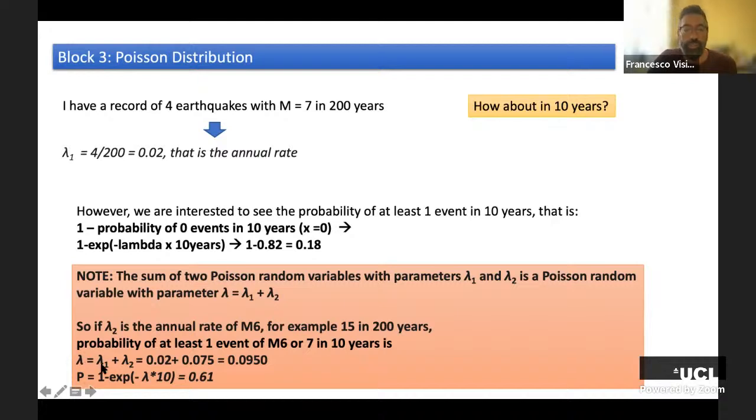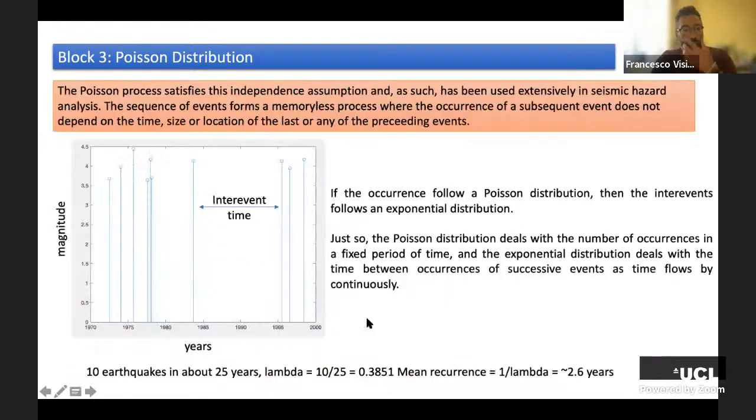We can calculate a new lambda by the sum of the 2 lambdas for magnitude 6 and 7. We get the lambda, and we can calculate the probability of at least one event in 10 years, which you can see is about 60% or 0.61.